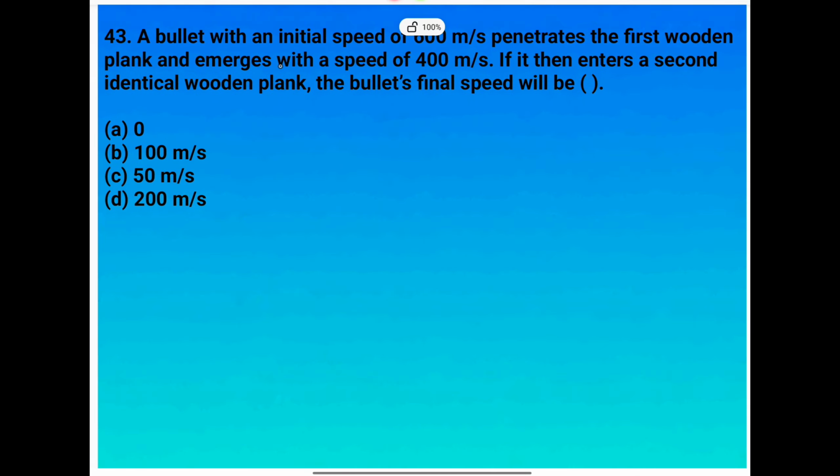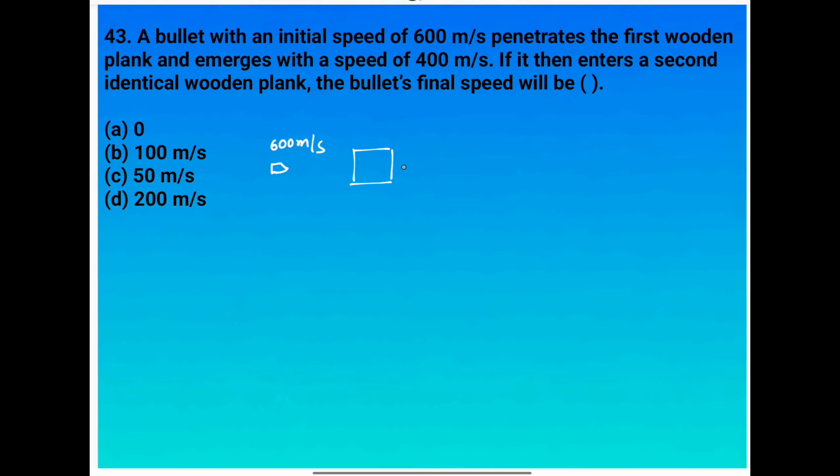Question number 43. A bullet with the initial speed of 600 meter per second penetrates the first wooden plank and emerges with a speed of 400 meter per second. If it then enters a second wooden plank, the bullet's final speed is... Here this is the wooden block, and the bullet is moving with the velocity of 600 meter per second.